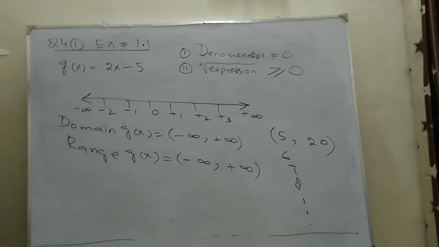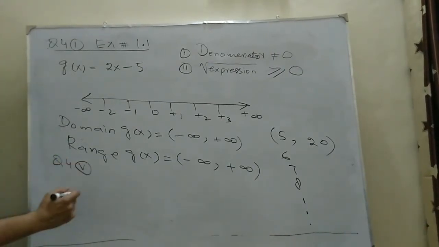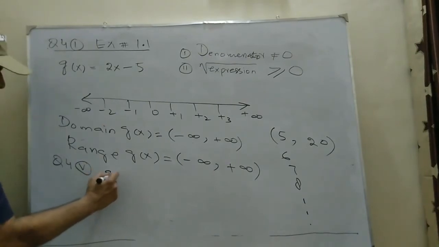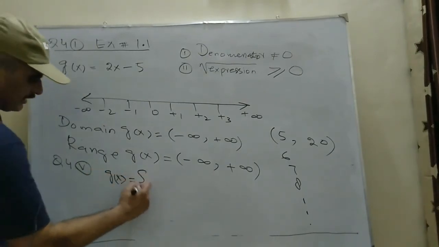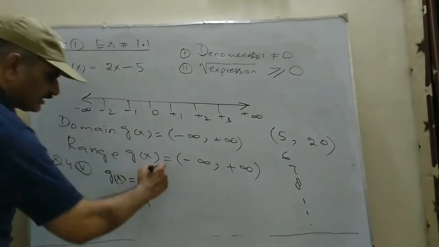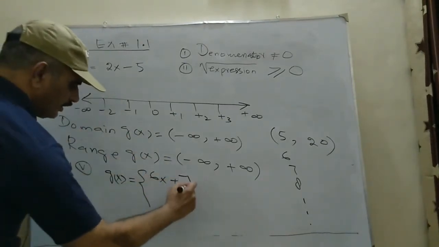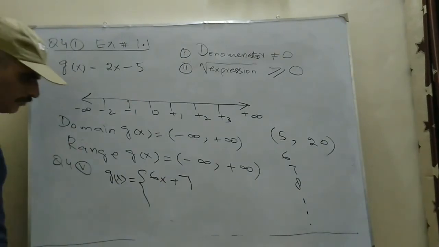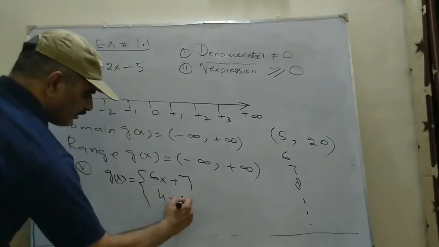Now we discuss another question, question number 4 part 5. It is a piecewise function as it is divided in 2 parts. The first part is 6x plus 7, and the second part is 4 minus 3x.